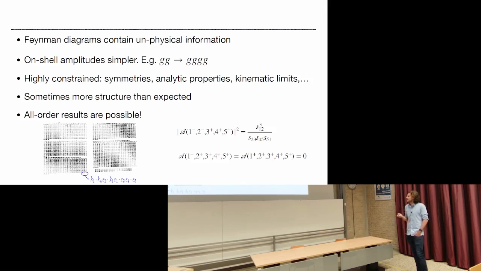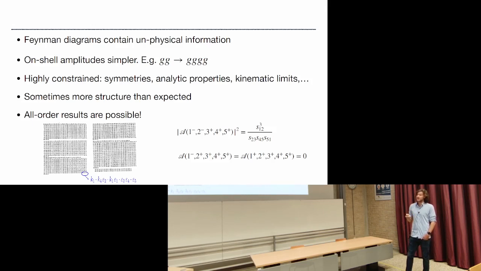Maybe just to highlight this very typical example that we like to give: if you're trying to compute some scattering amplitudes for gluons, for example, 2-gluon goes to 4-gluon, which at some point was a state-of-the-art computation, you'll find that this computation leads to a result which is basically 15 pages long.